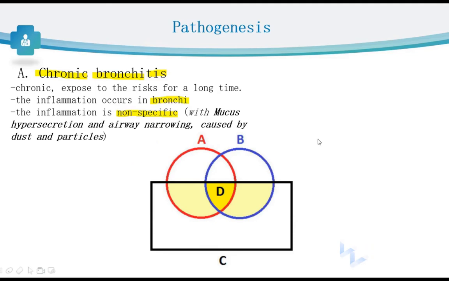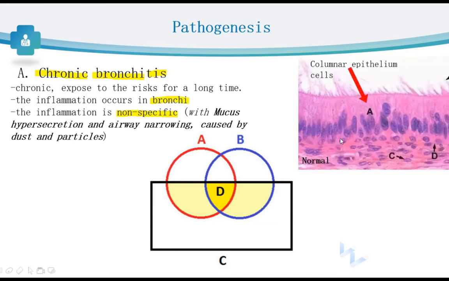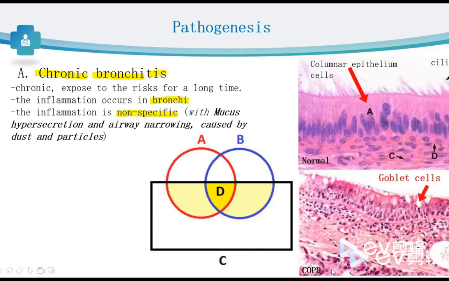Now let's look at two pictures. The first picture shows the normal bronchial epithelium. We can find here are the normal epithelial cells of bronchi, the columnar epithelial cells, and their cilium. But in COPD, there are some changes in epithelium.